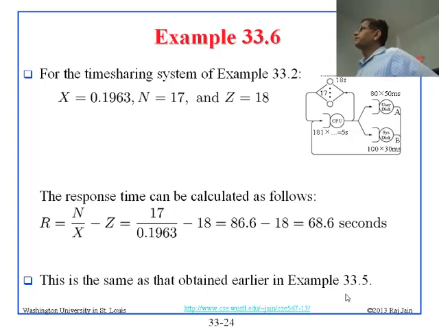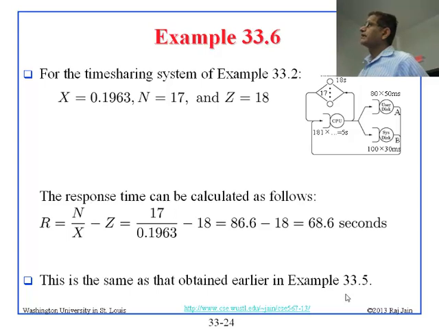This could be the mean, or this could be whatever. We don't know the distributions of any of these things. And here the total time at the CPU is 5 seconds. Total time at disk A is given, and B is given, as follows. So anyway, all we need for response time is n upon X minus Z.